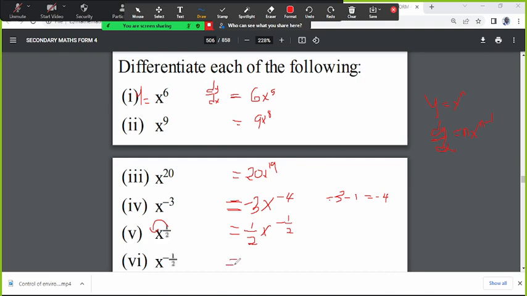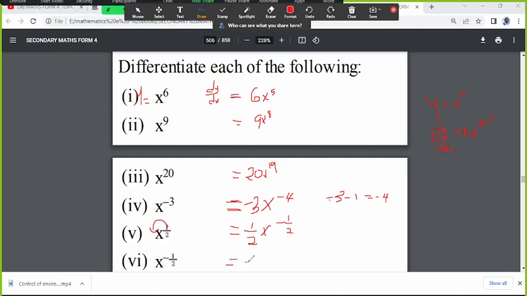This one will be equal to negative a half x to the power negative a half minus 1. I'm simply going faster, but we are observing this one.